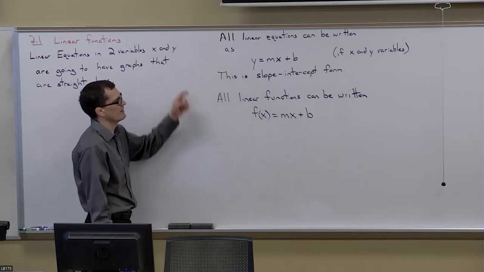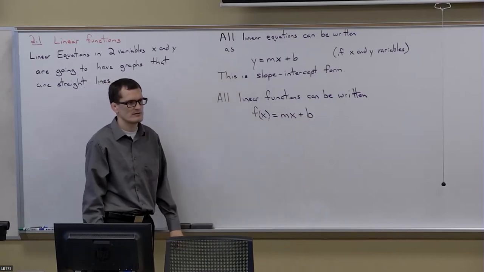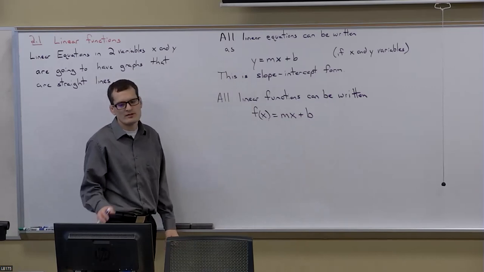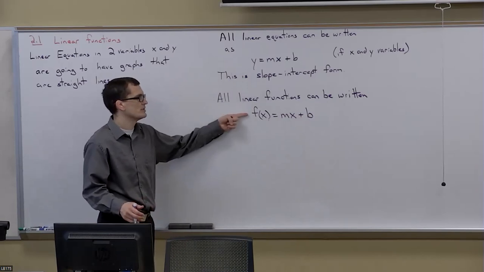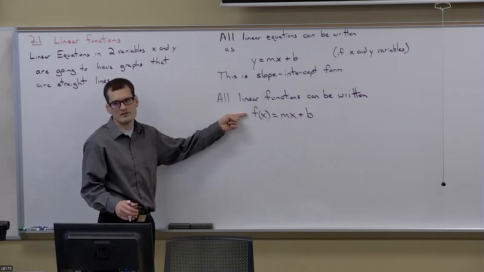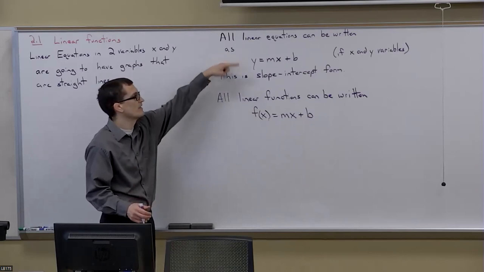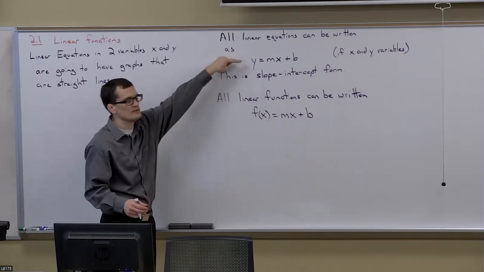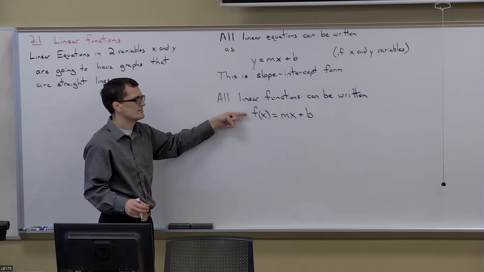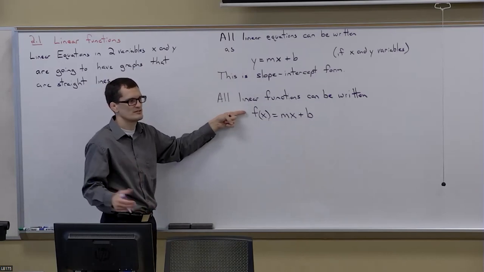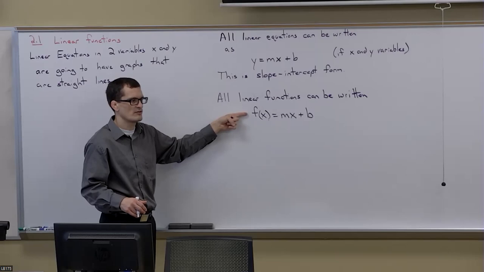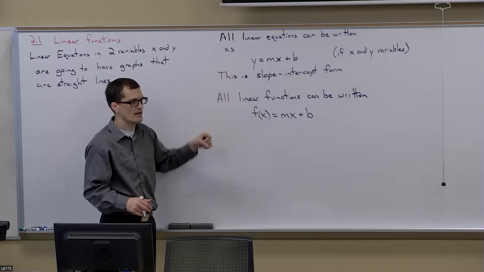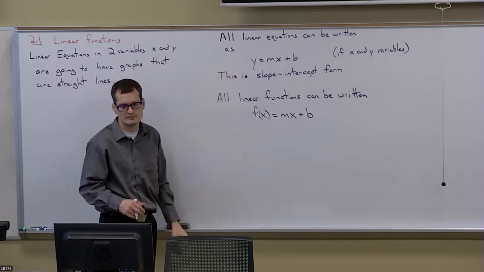Now, I didn't say this earlier, but the m and the b are just real numbers. And if I talk about slope-intercept form of the function or slope-intercept form of the equation, I'm really talking about the same thing. Okay, so technically slope-intercept form is this one, but I'll oftentimes just as habit call this also slope-intercept form because it's just a y, f of x exchange. Right.